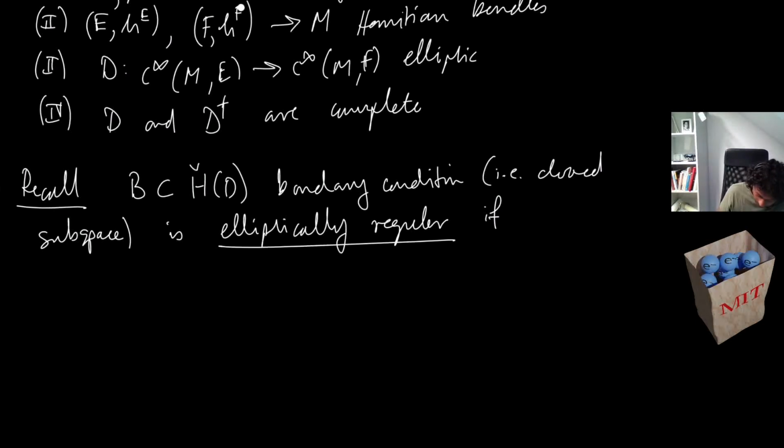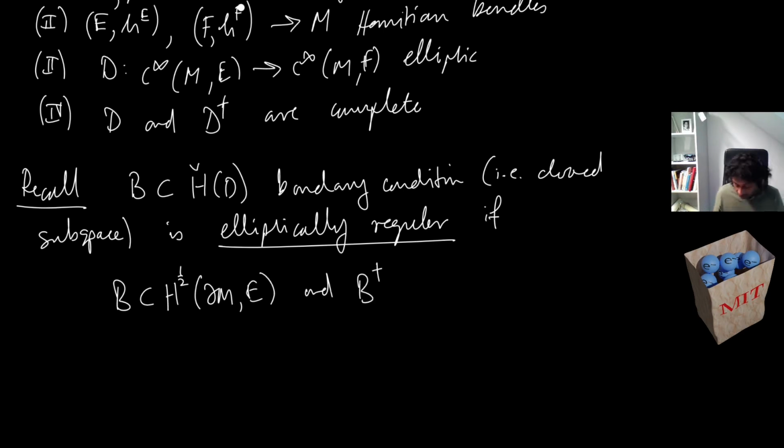If, so this is a very qualitative definition, right? It's a very simple definition to remember. So we have that the boundary condition and the boundary condition corresponding to the adjoint, right?